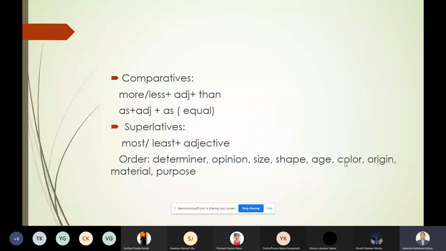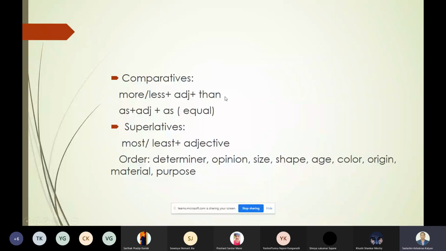Okay, Ramesh is as good as Soham. Okay, here again we are using as plus adjective plus as. It is also trying to tell us one kind of equality, equality between the two persons. Okay, and here also one kind of comparison between the two persons.